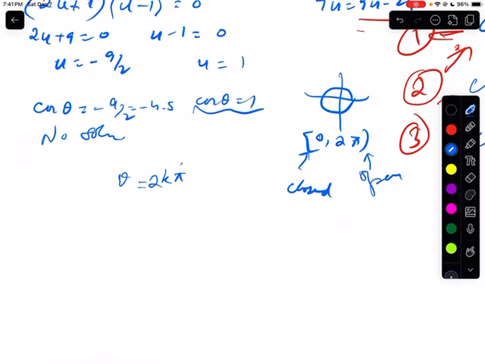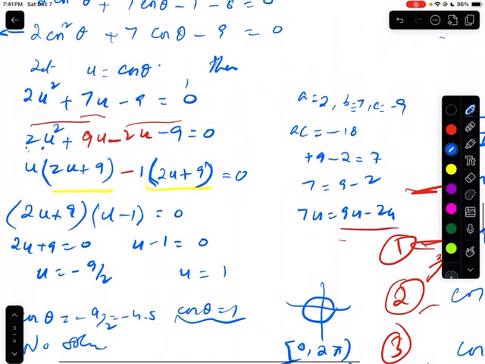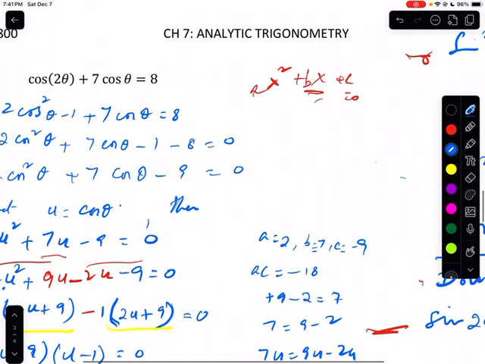So notice here in this example, we are not getting things like we had before. Remember in the previous example we had cosine of 3 theta equal to something, so the first step in solving, after getting a simple trig equation, we got 3 theta equal to several values, and then we had to divide by 3.